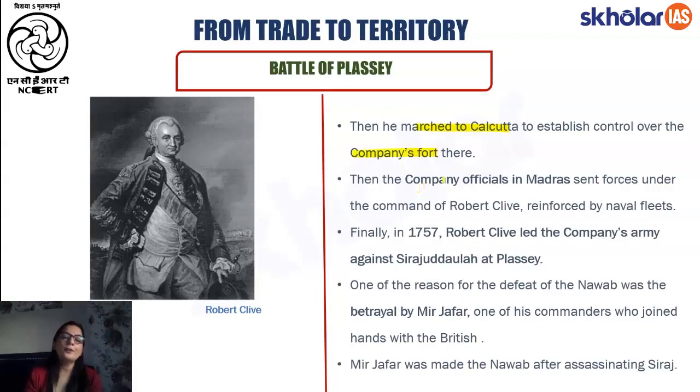Once the company officials in Madras came to know about this, they sent their forces under the command of Robert Clive. He is a very important person for us with respect to the Battle of Plassey, who in turn reinforced their power in Calcutta, and this was reinforced by their naval fleets.